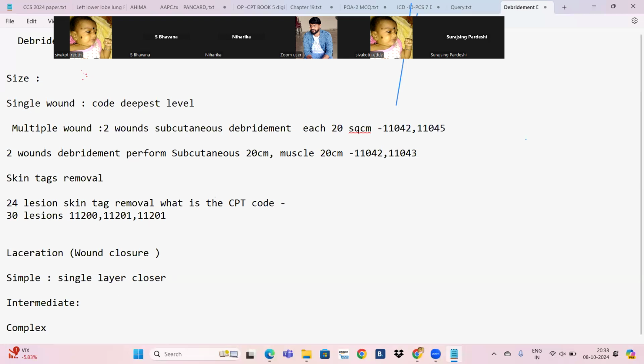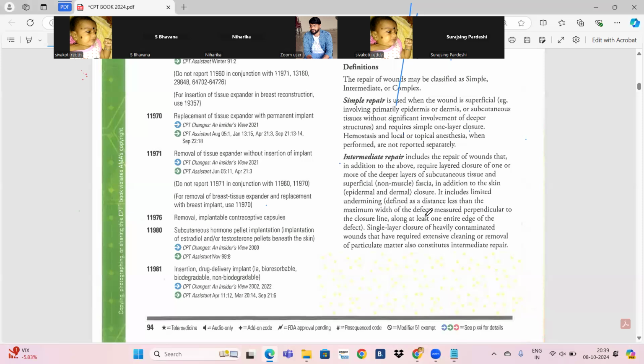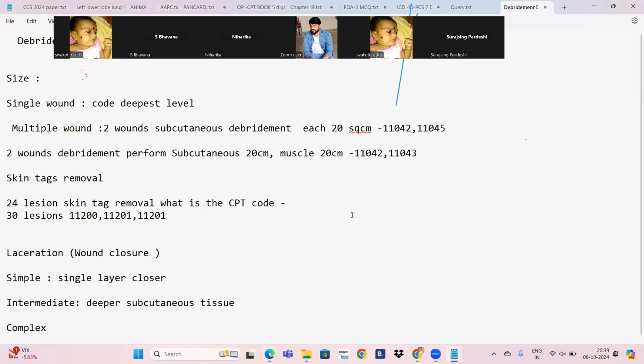Intermediate means deeper layers of the subcutaneous tissue and superficial fascia. Okay, fascia. This is the depth. Actually, you can decide here based on the depth of the wound only, for laceration repairs.